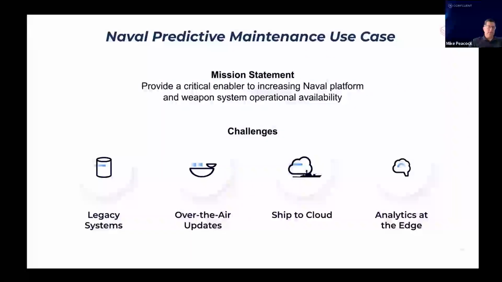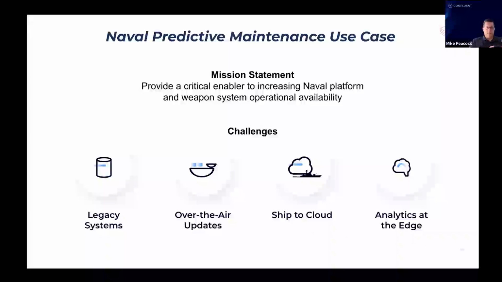When we look at it from a naval predictive maintenance use case, there are some things that we really wanted to focus on that are challenging in this case, right? So we talked about a naval ship being an edge device. In this case, again, it can be disconnected, so you don't always have that connectivity. You have a lot of legacy systems running on these ships, so interfacing with them and being able to get that information out is pretty critical. One consideration also is how do you handle updates to the ship?